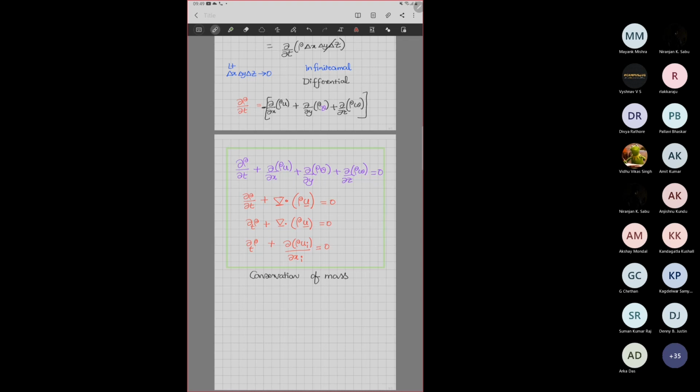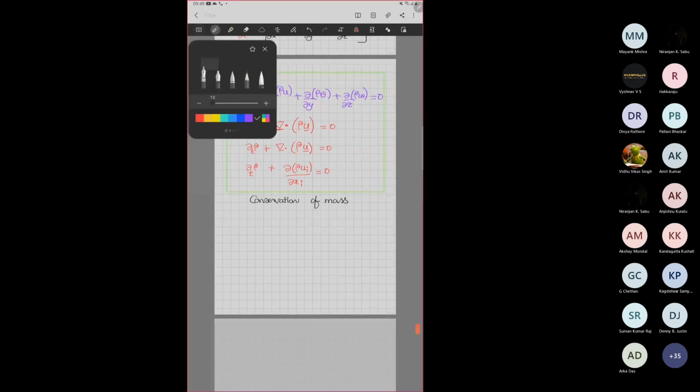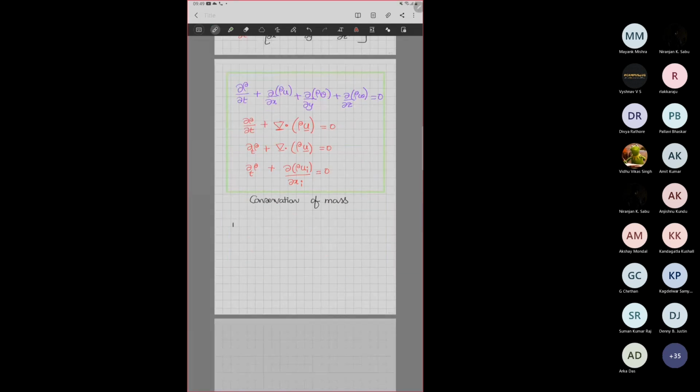Fine. Now there will be many corollaries. First question: in case my density of that flow, rho, is not a function of x, y, z and t, but is just a constant value. That means some fluid in a box or in a room, fluid is coming in, fluid is going out.